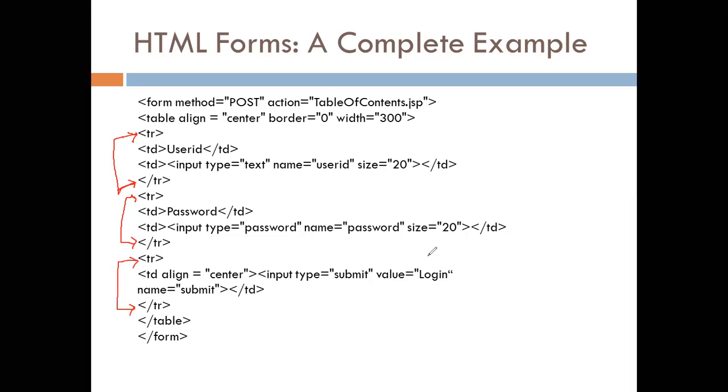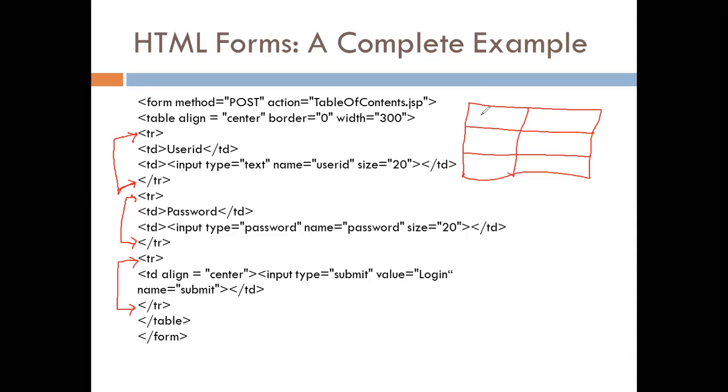So it means three rows will be there, and within that particular row we have two columns over here, and here also two columns, here only one column. So our table will look like this. It will have two columns and three rows. First row, second and third, and two columns. So the table will be like this.